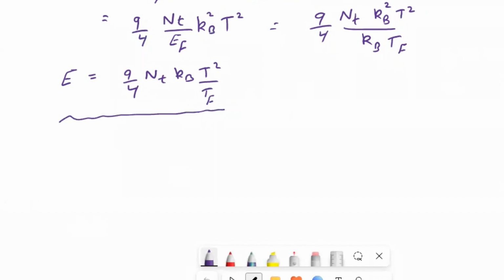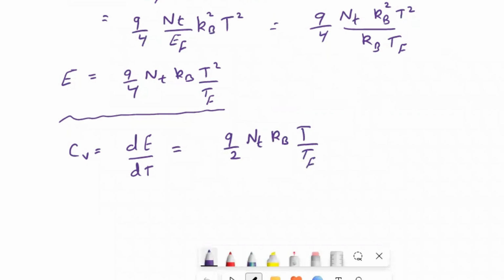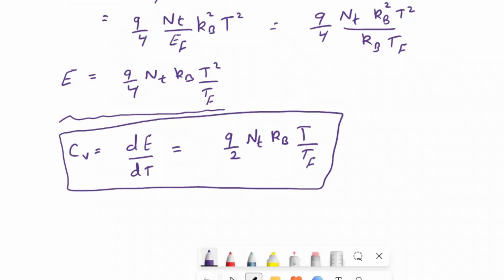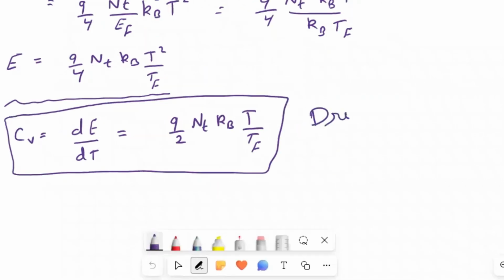And from before we know the specific heat capacity at constant volume is the differentiation of energy at constant volume with respect to temperature. So if we differentiate, what we get is 9/2 N kB T upon T_F. Right? So this is the formula for specific heat capacity using the Drude-Sommerfeld model.